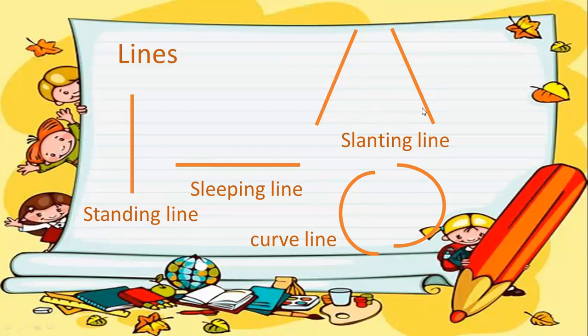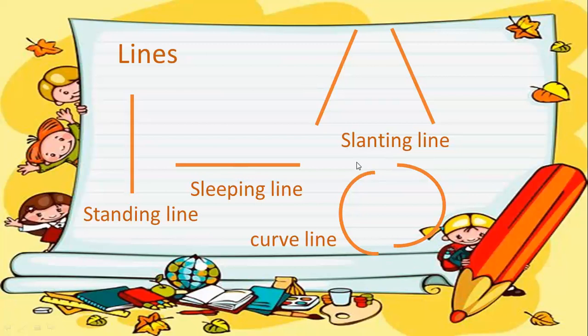Both these lines are called slanting line. And there are also some curved lines. Look at this. This is a curved line. It just looks like a C. And you can also draw a curved line in another direction. This is also called a curved line.